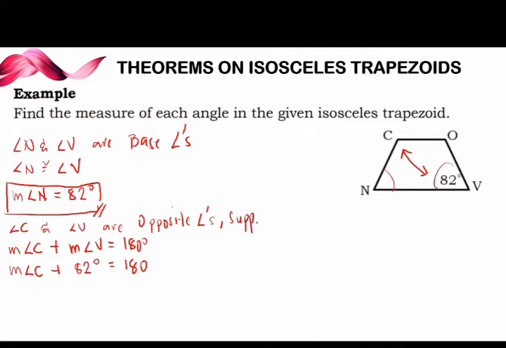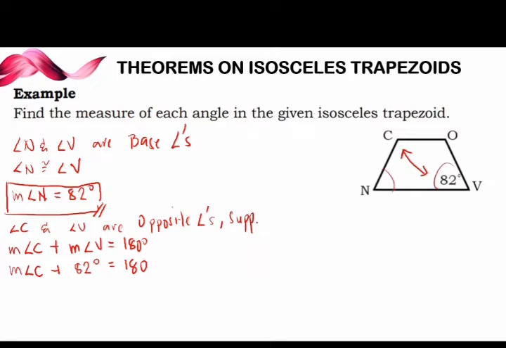So once again, since angle B and angle C are opposite angles, therefore, they are supplementary. Since they are supplementary, when you add them, the result is 180 degrees. The measure of angle C plus the measure of angle B is equal to 180 degrees. Alright? So that will be the equation. Now we have to substitute the given measures. The given measure is the measure of angle B, which is 82 degrees.